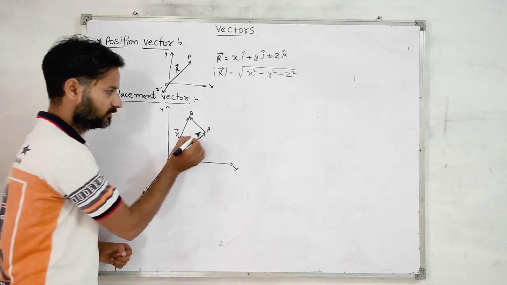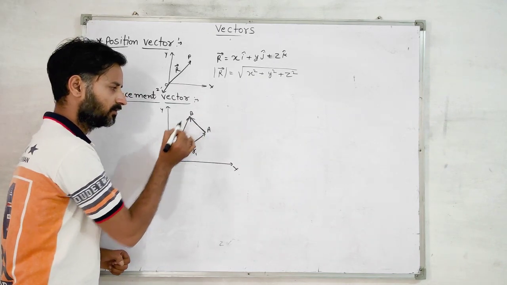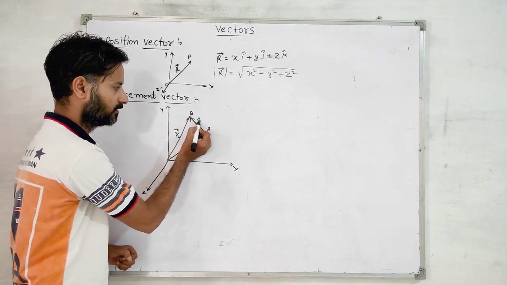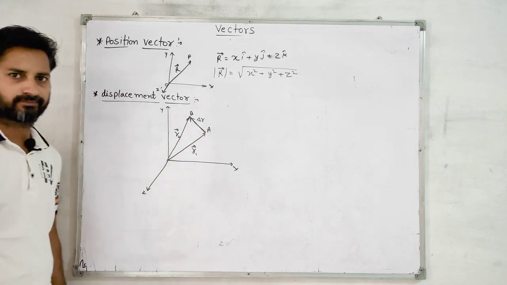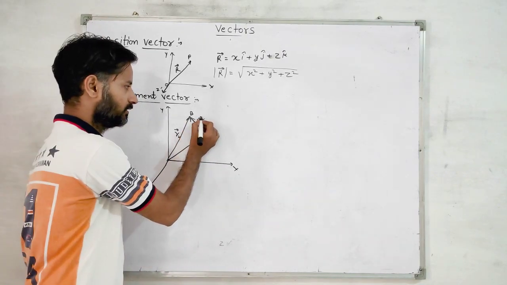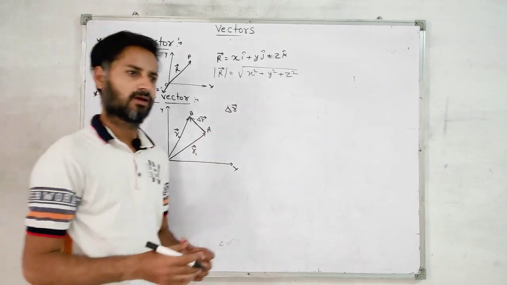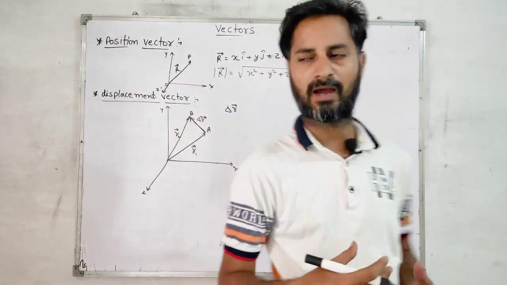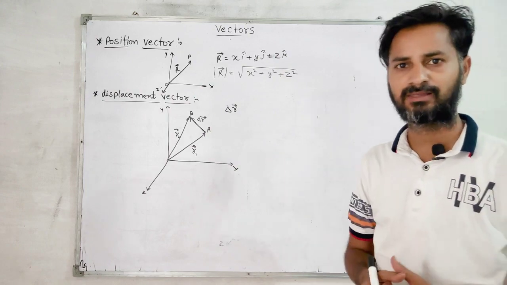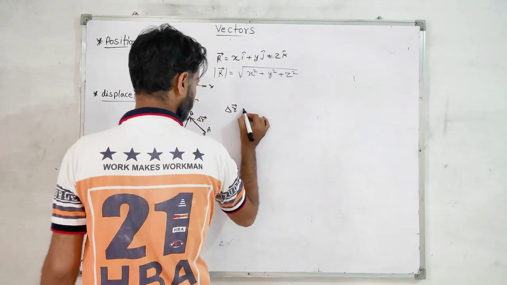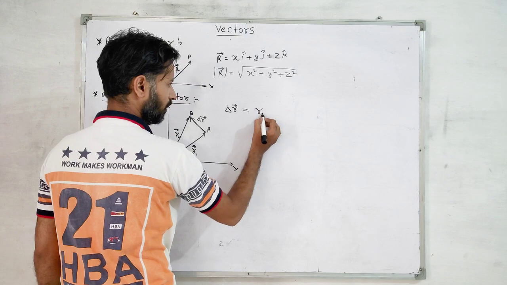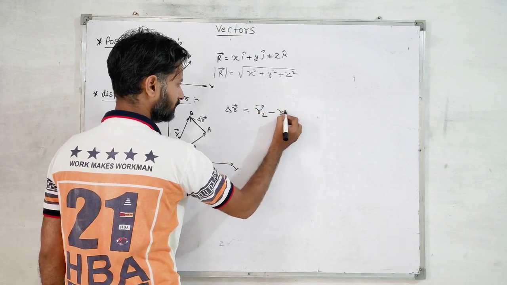Then this AB will be called the displacement vector and written as del r. Since displacement is found by the final position minus the initial position, so r2 minus r1.